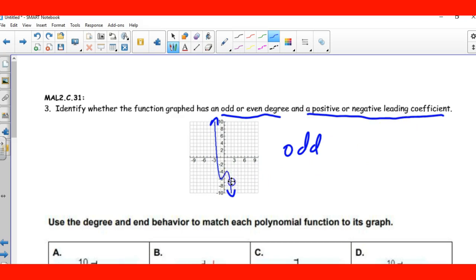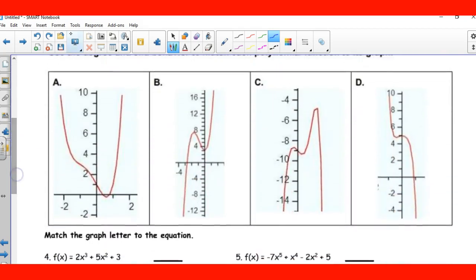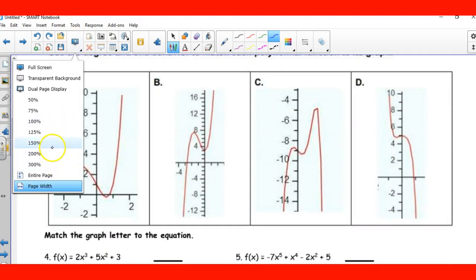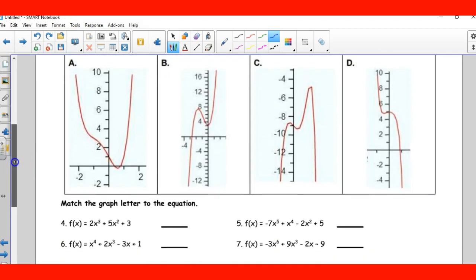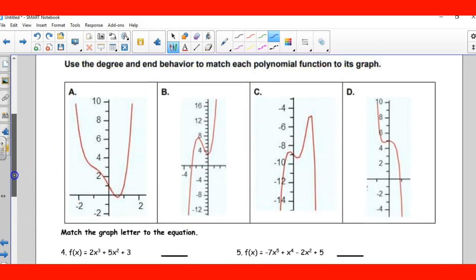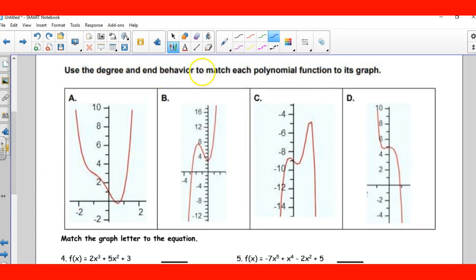The right side is going down. That means that we have a negative leading coefficient. Now, with this problem right here, the direction says use the degree and end behavior to match each polynomial graph to its function.